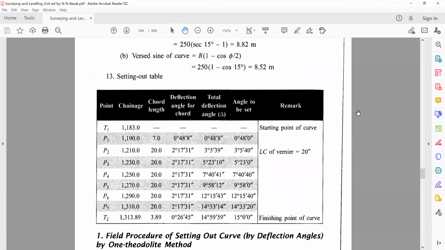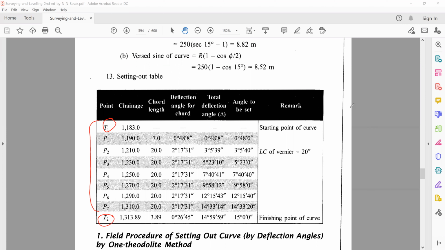Now the important part is how to set up this table. If you see this table, we are starting with the point T1, which is the initial point of the curve, or where the curve starts. You have T1, and after that you have a number of points, up till the point T2, which is the end point of the curve.